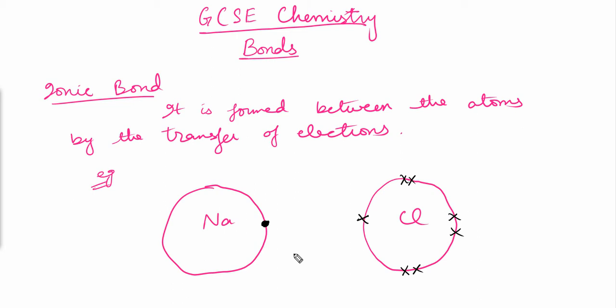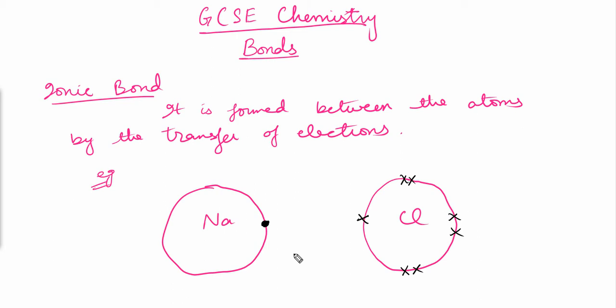So before explaining the ionic bond, we have to discuss how an atom becomes stable. An atom becomes stable if it has 8 electrons in its outermost shell, except hydrogen and helium. Hydrogen needs 2 electrons in its outermost shell, and helium is already stable. All other atoms need 8 electrons in their outermost shell to stabilize themselves.